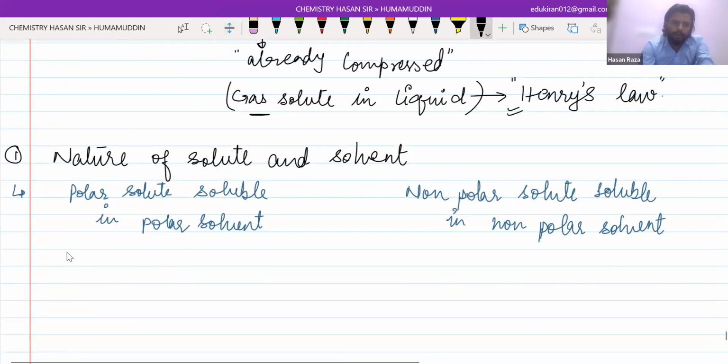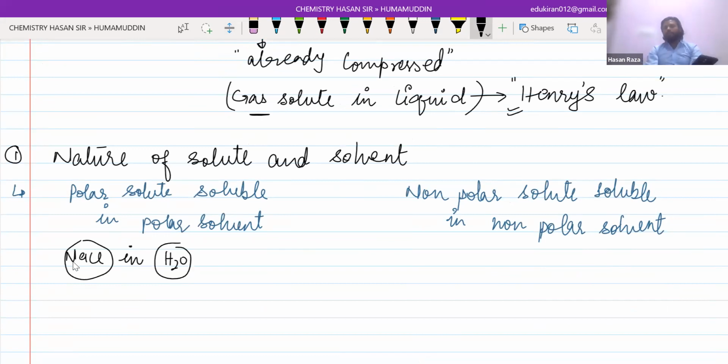So as you can see, nature of solute and solvent. Polar solute, like I'm going to take NaCl in water. Water is also polar and NaCl is also polar. So NaCl will be easily soluble in water. But when you talk about non-polar solute, take an example of CCl4, which is non-polar, soluble in benzene, C6H6.